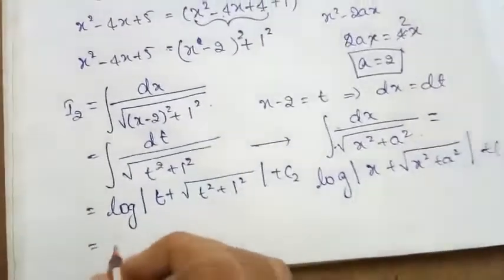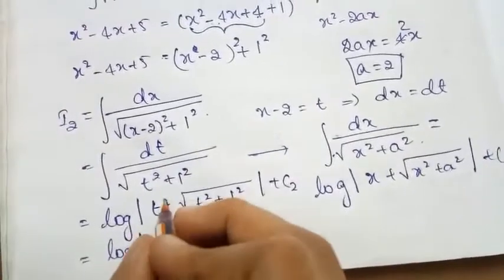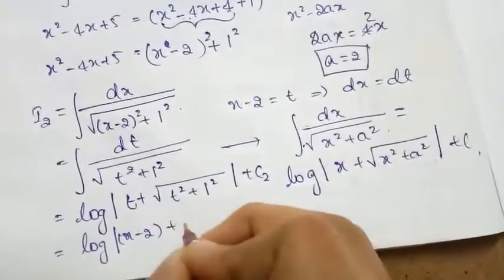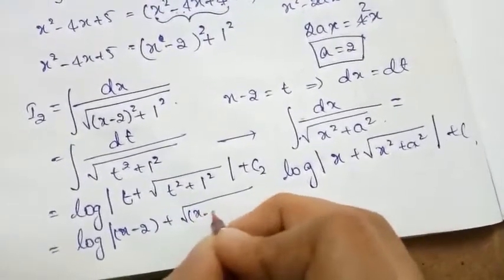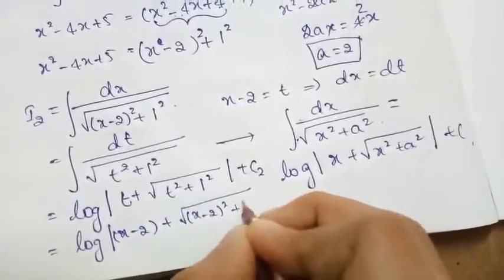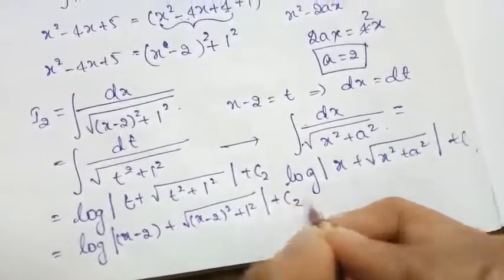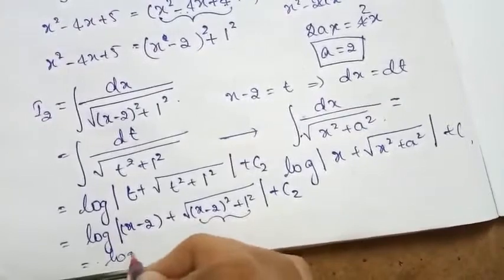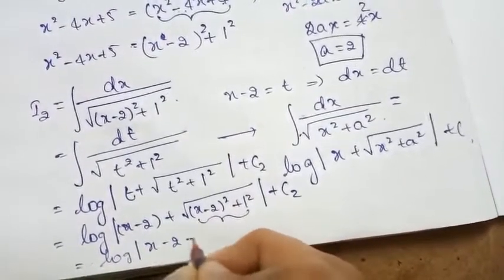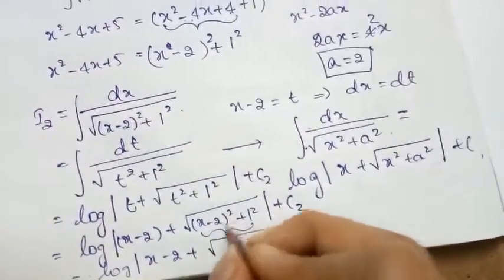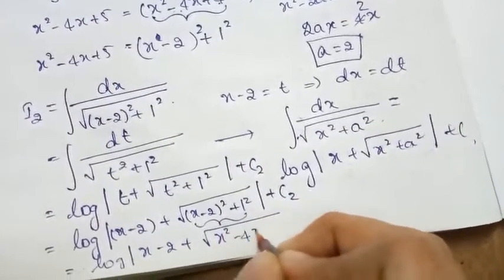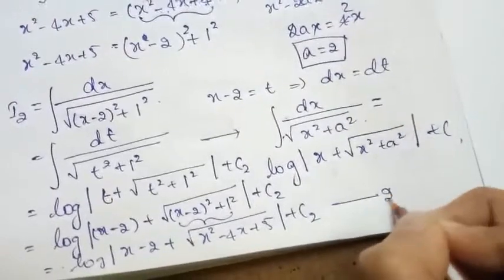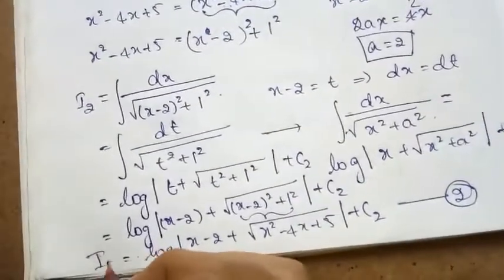Now I am resubstituting back the value of t: log of mod x minus 2 plus square root of x minus 2 whole square plus 1 square plus c2. What is this x minus 2 whole square plus 1 square? It is nothing but log of mod x minus 2 plus square root of x square minus 4x plus 5 plus c2. I will call this equation 2, that is the value of I2.